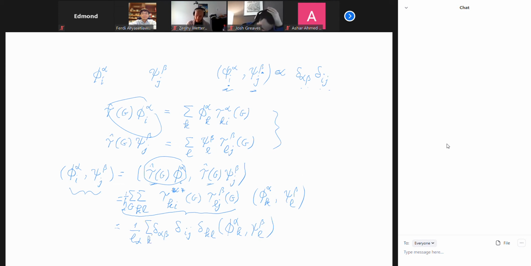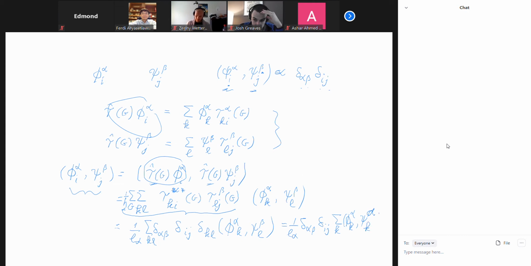So now if I sum over the K, L, then I get delta alpha beta, delta ij, sum over K, of the dot product of psi beta K and psi alpha K, because anyway, beta must be equal to alpha, otherwise it's 0, so I can replace that with alpha.